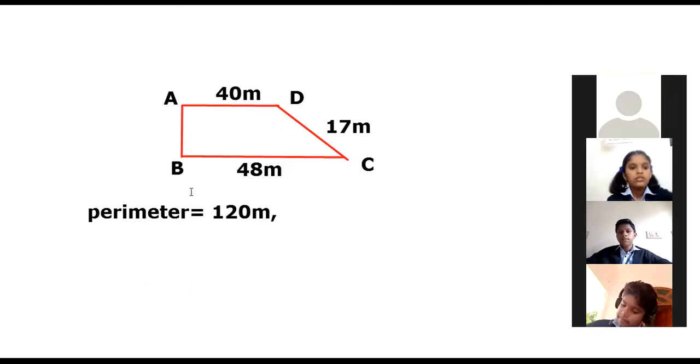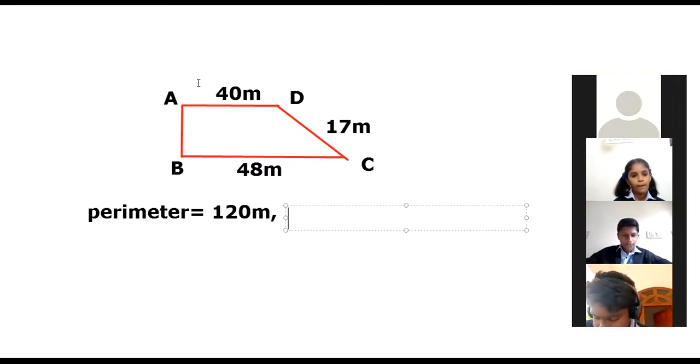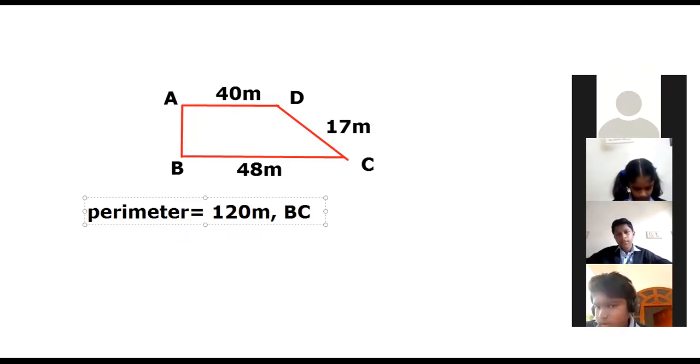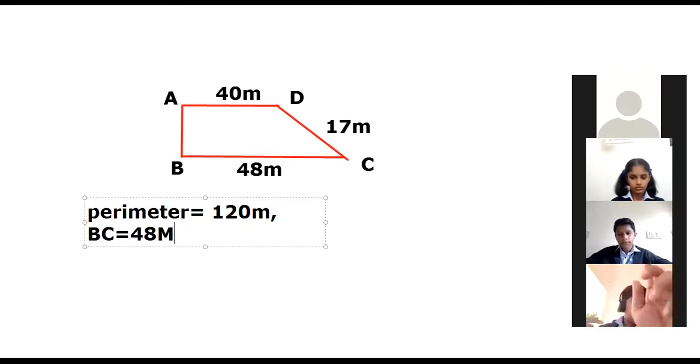How can we find the value of AB? Write down the other values given. How can we find that? Can you relate it to the perimeter and tell me?